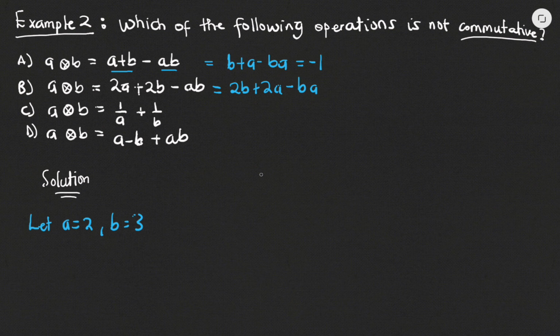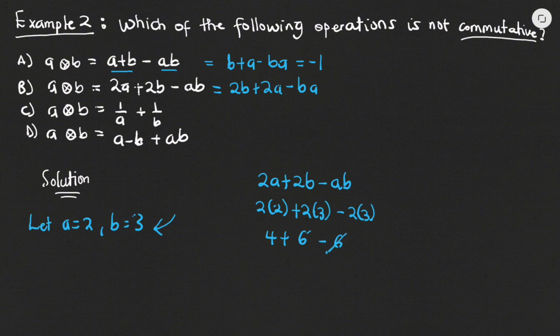The first one, 2A plus 2B minus AB, will give me 2 into 2 plus 2 into 3 minus 2 multiplied by 3. I'm substituting what we have over here. So I have 4 plus 6, and then minus 6. So this will cancel this. So I have 4 left.